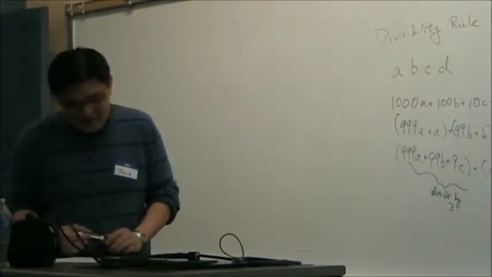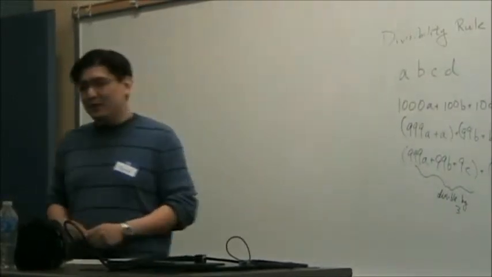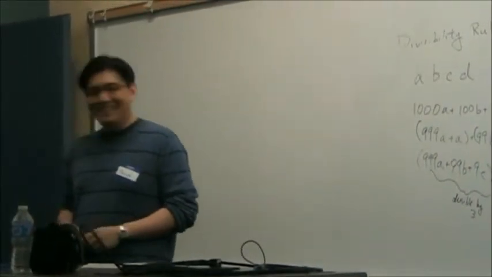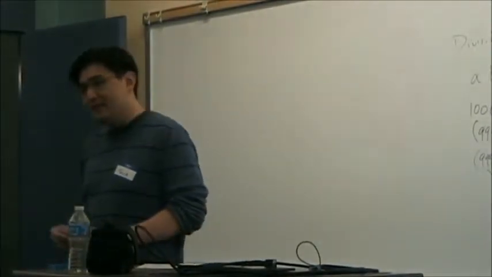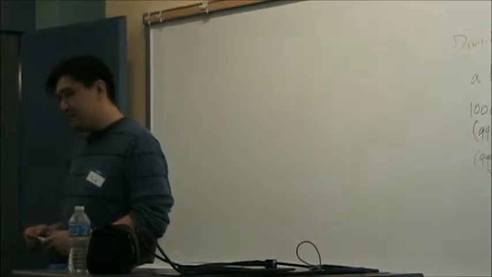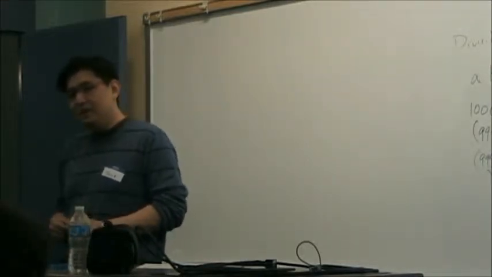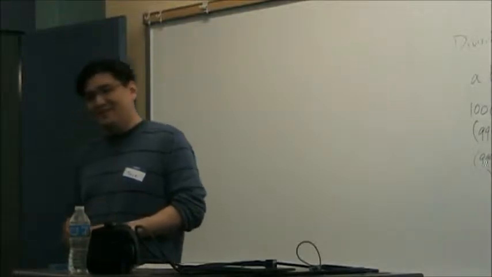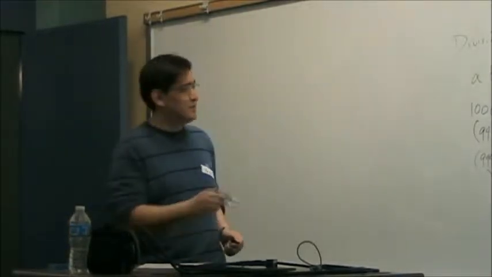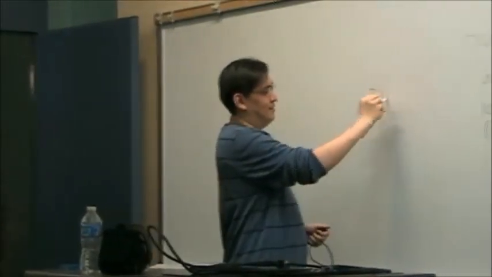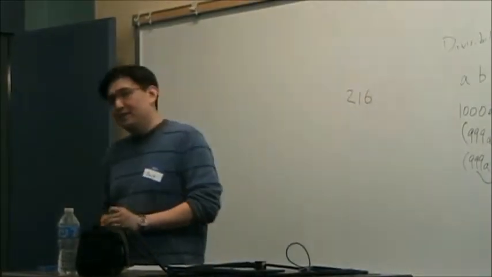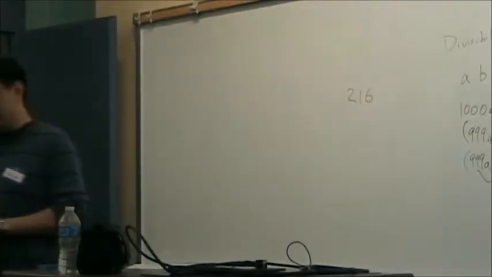So why don't we try something else? Can someone give me a 3-digit number? Okay, well, let's give someone else a chance. 216. So let's just practice a little bit of the arithmetic.